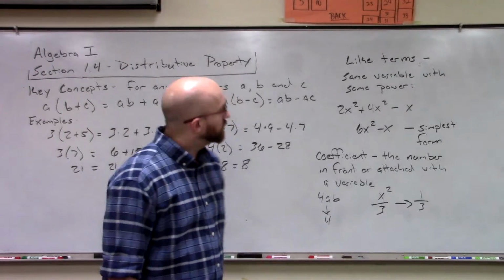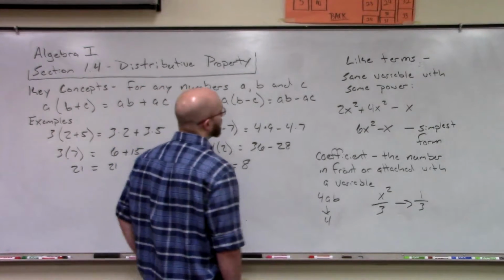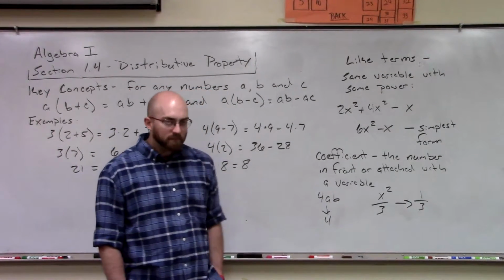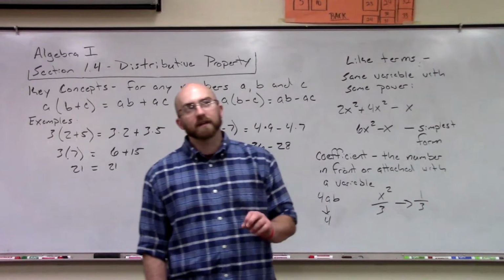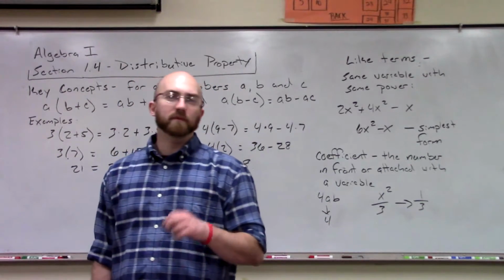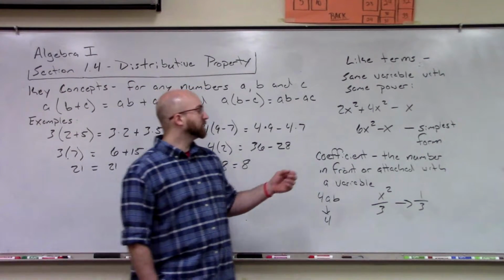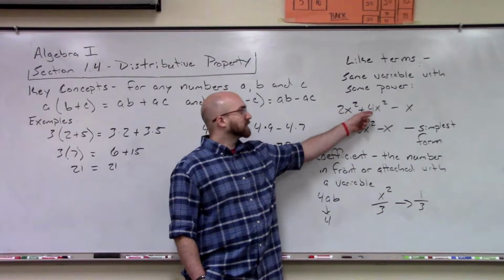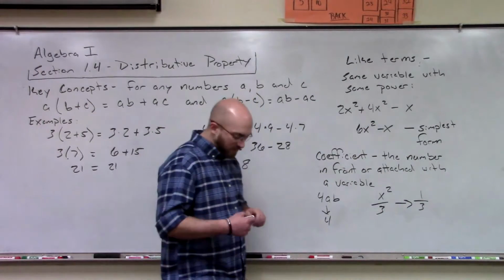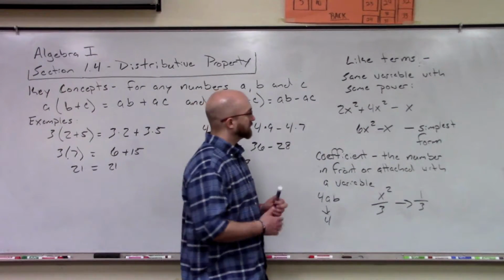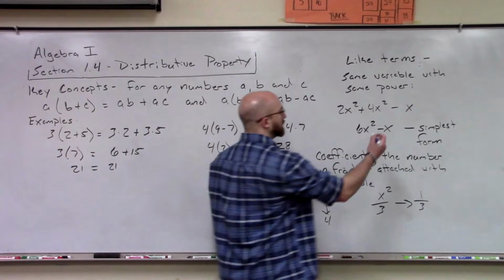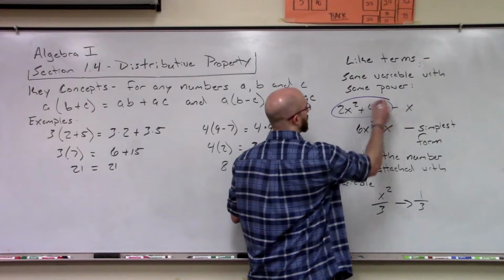I'm going to do some examples with some variables to see the difference. The other two notes worth having are these things called like terms. We'll make it very simple. Like terms are terms that have the same variable with the same power. That's basically it. So I have an example: 2x squared plus 4x squared minus x. These are like terms.